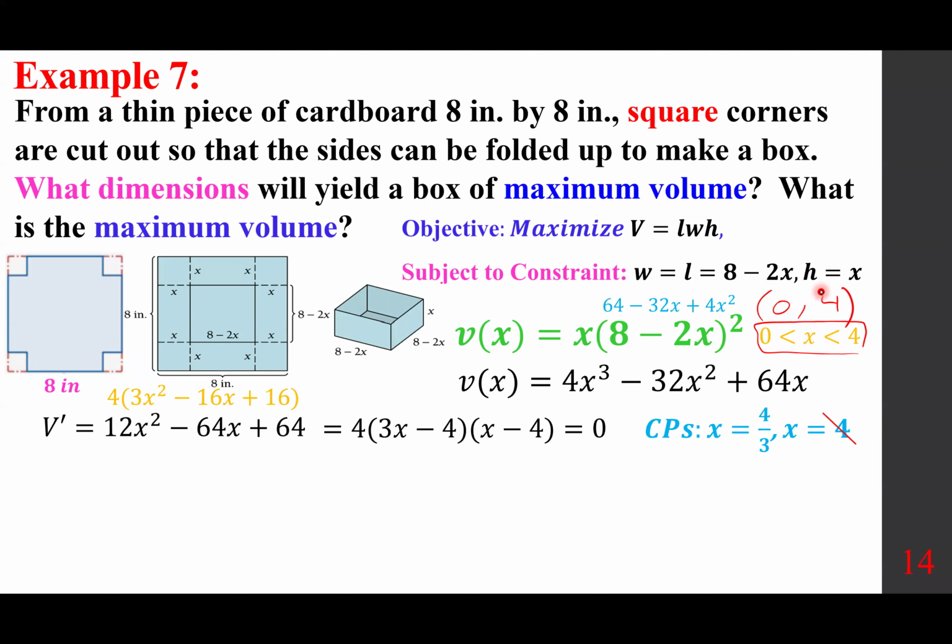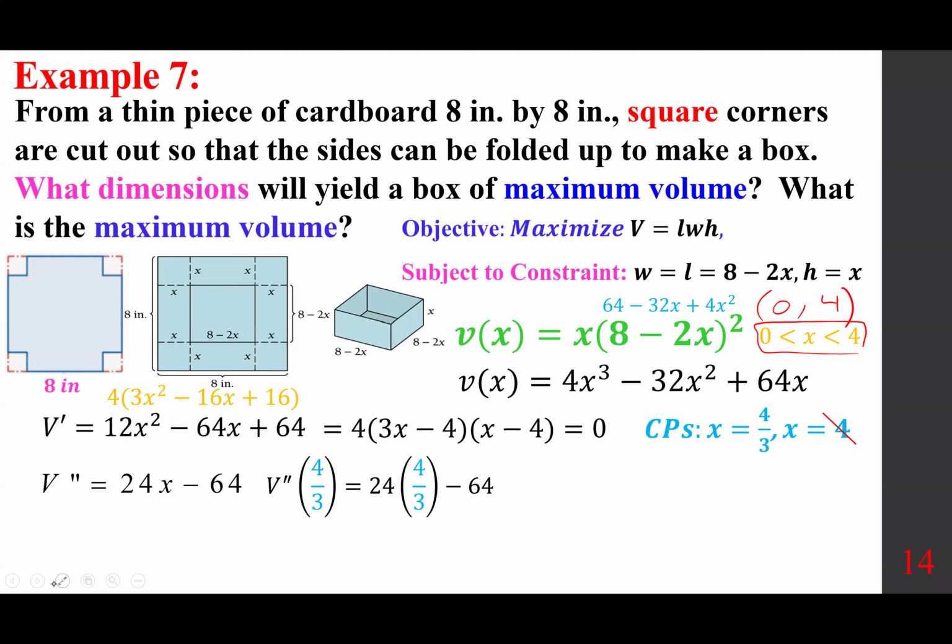In this case, we do the second derivative test. V double prime is 24x minus 64. And the second derivative test says evaluate this at the critical point to see whether you get positive or negative. We just want the sign.